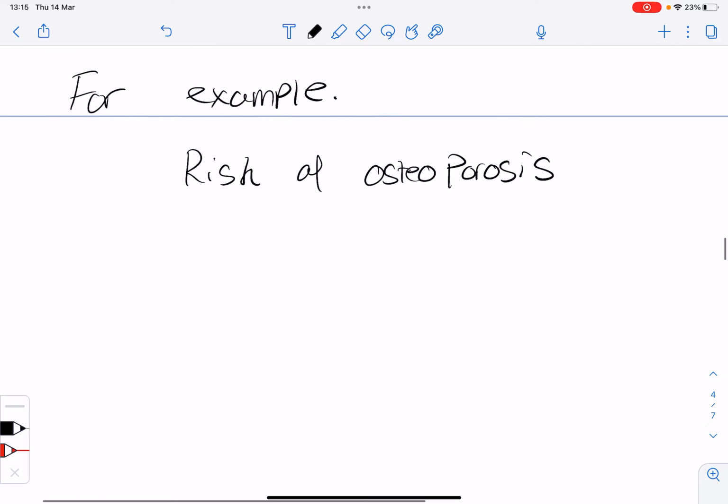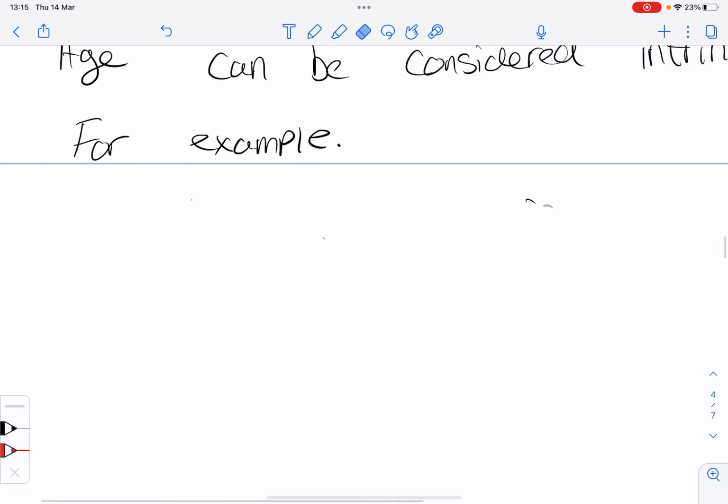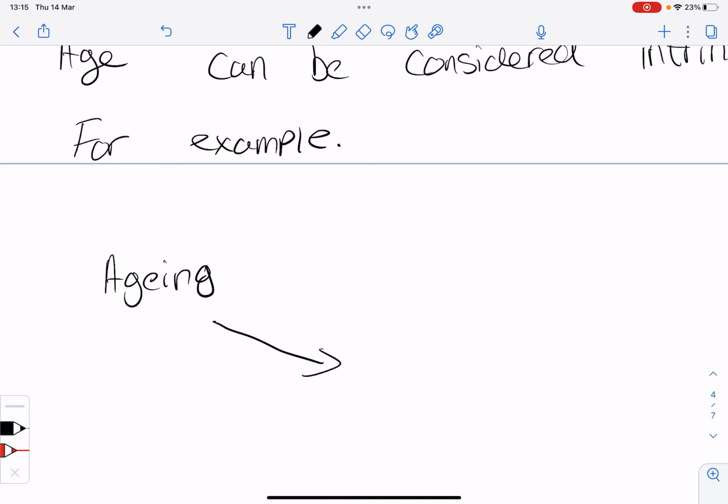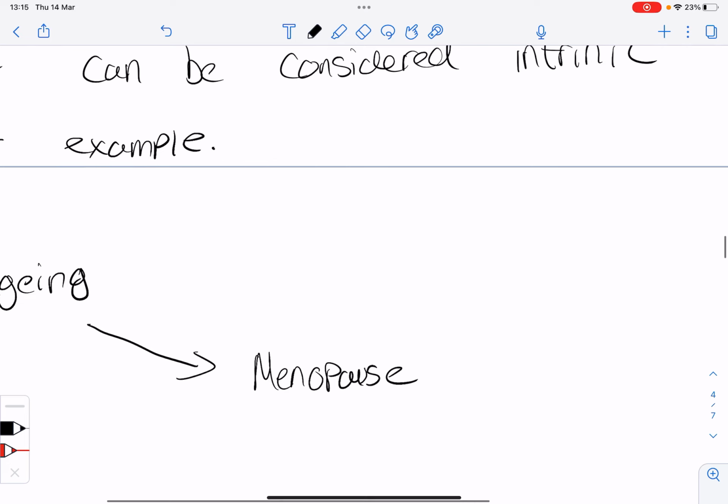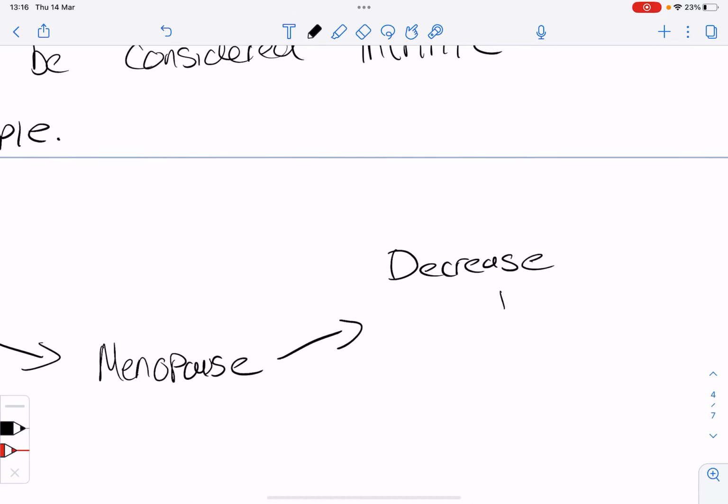Oh no, sorry. Not the risk. Well, that would be our end product. Let me start with age. So aging, and then for females, there reaches a certain point of time where you reach your menopause, and as a result, when you stop producing eggs, your body starts to decrease production of estrogen.